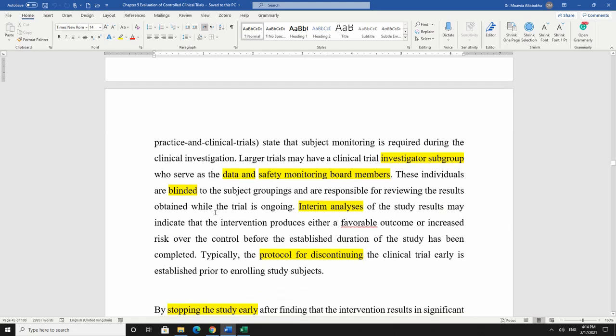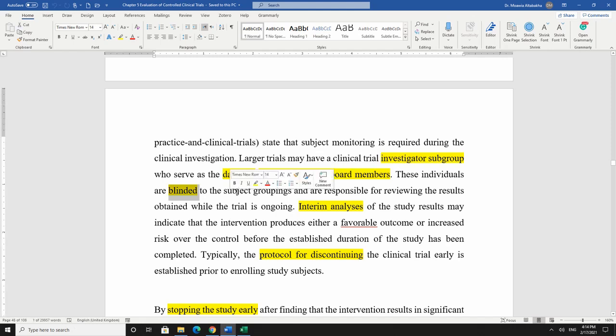Also, you have to take into account that large clinical trials will need what we call a subgroup that looks at the data and monitors the data. Okay, and they are blinded.